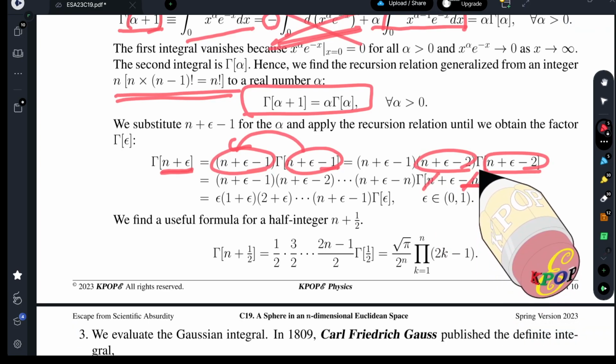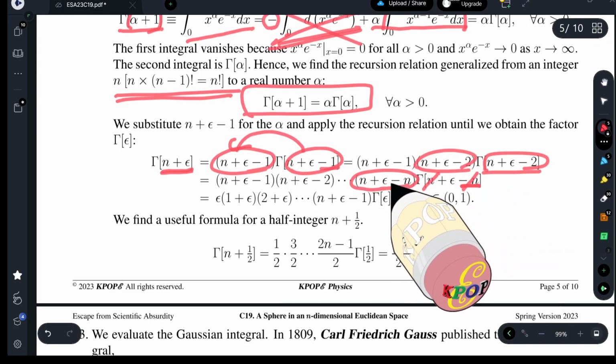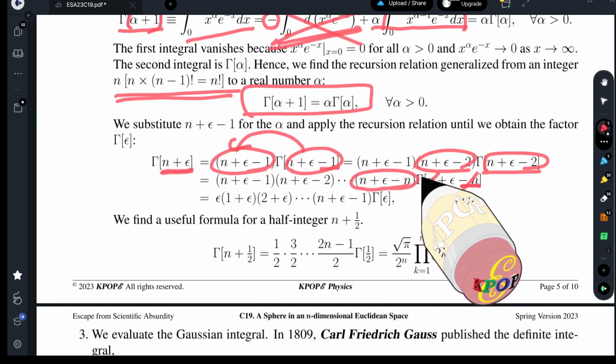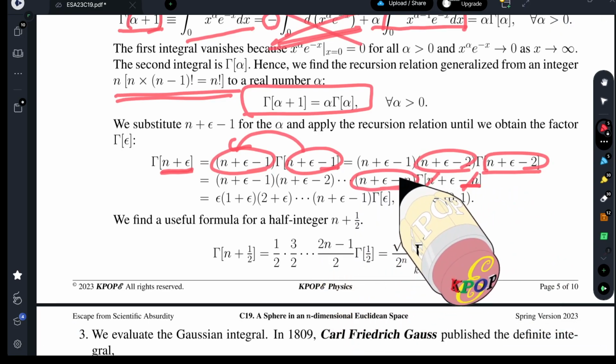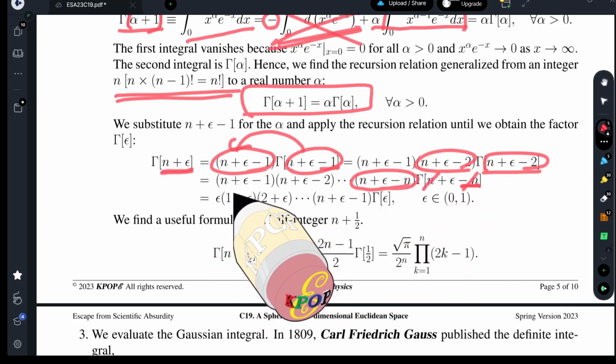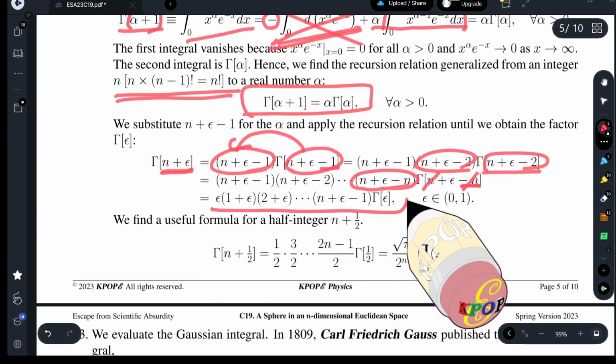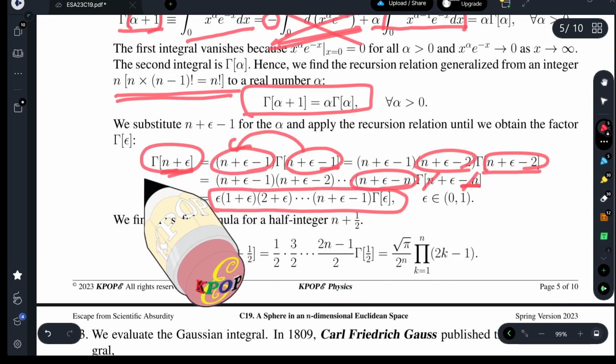In that case, the last factor that appears in front of the gamma function is epsilon. As a result, this whole thing reproduces this.